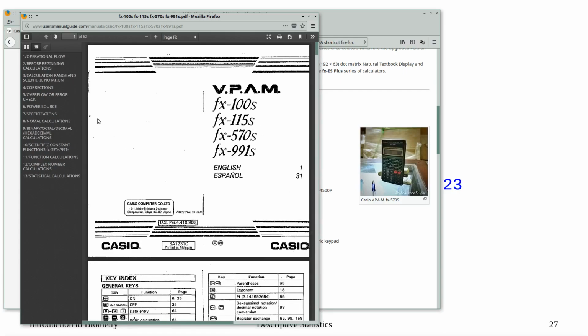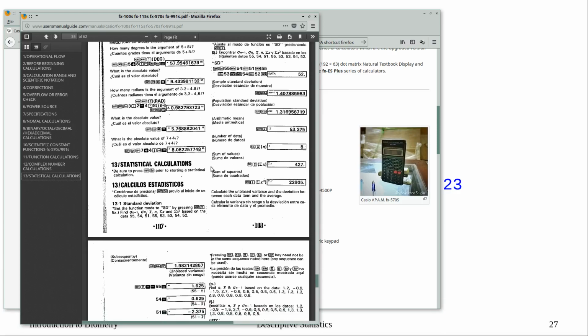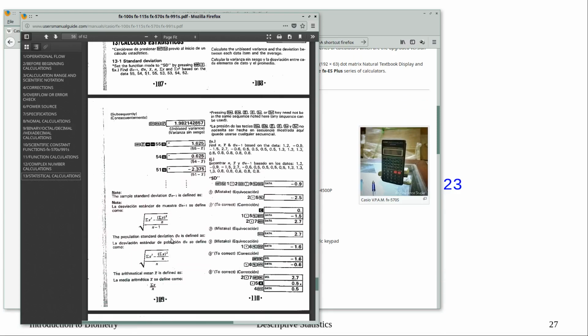If we wanted to do statistical calculations, this tells me how to go about inputting my data and then calculating different types of summary statistics. On my calculator, I can calculate sample size, the average, the sum of x squared, and do the variance and the standard deviation all in one.